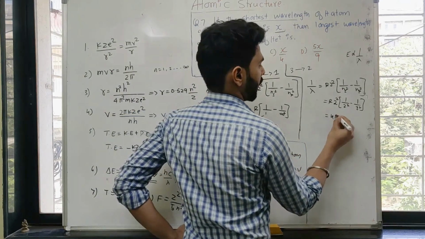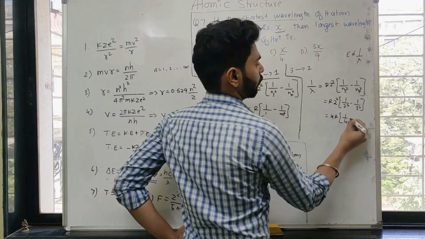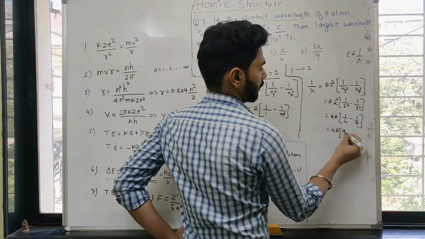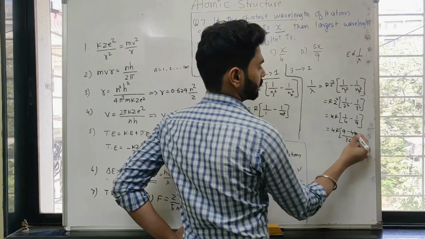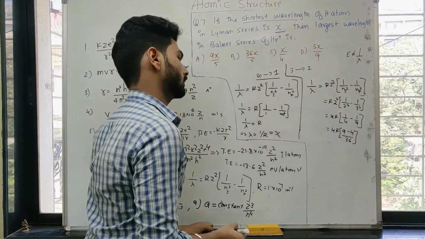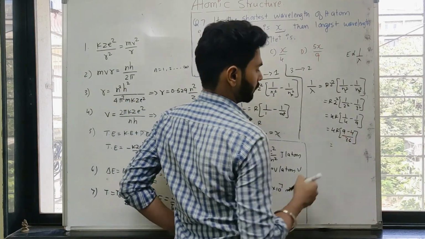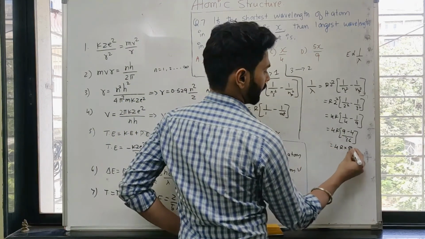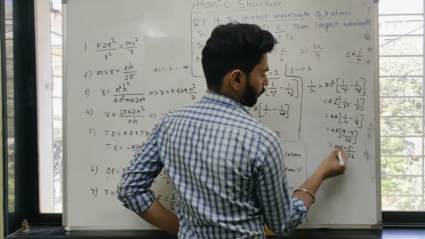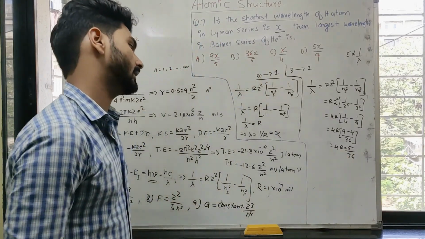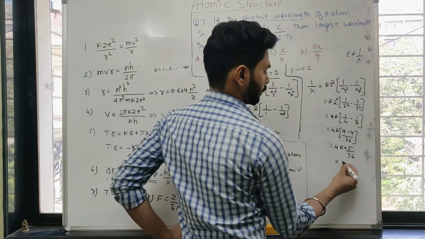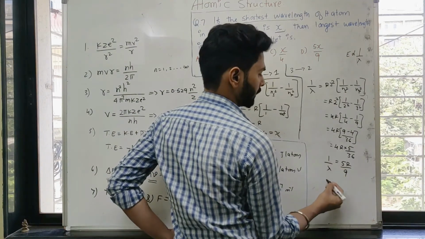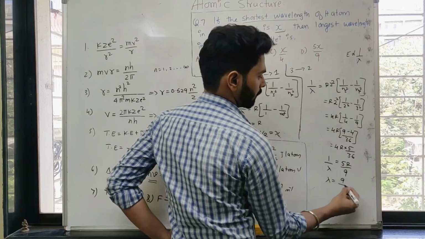So 4R times 1 upon 4 minus 1 upon 9, 4R times 9 minus 4 upon 36. 9 minus 4 is 5, 4R into 5 upon 36, 4 one time and 36 nine times. So 5R divided by 9 is 1 upon lambda. So lambda equals 9 upon 5R.